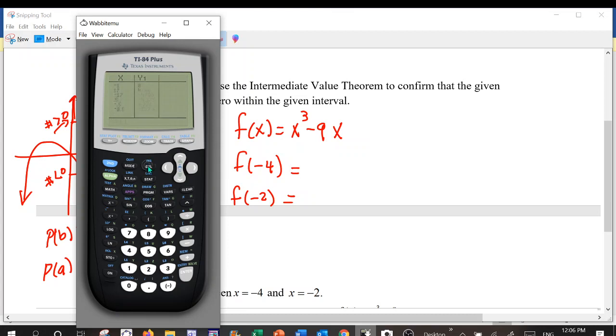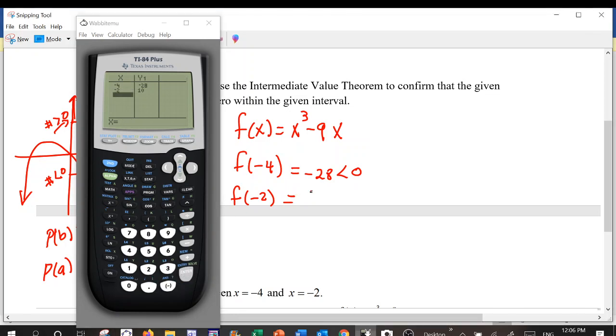Then if you see any numbers there, just delete them. And then put negative 4. So for negative 4, that's a negative what? It is negative 28, which is of course negative. And what about negative 2?